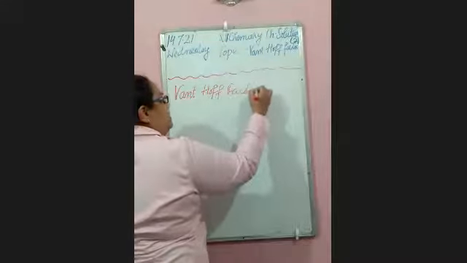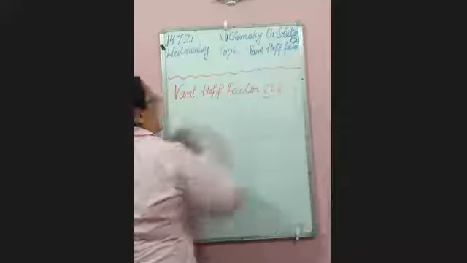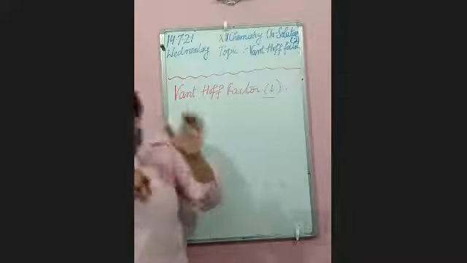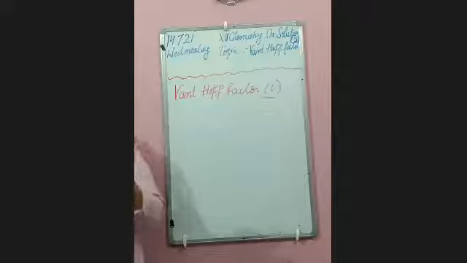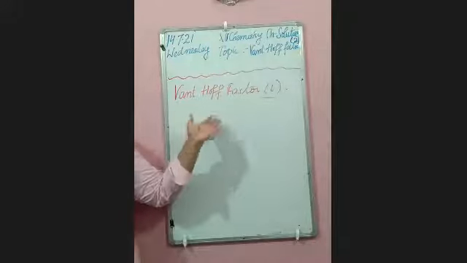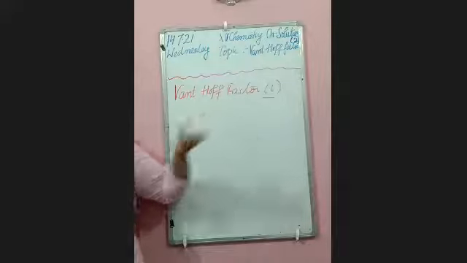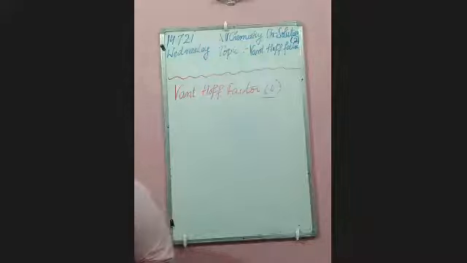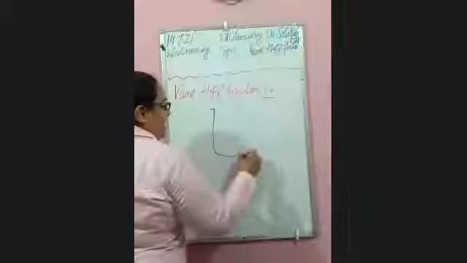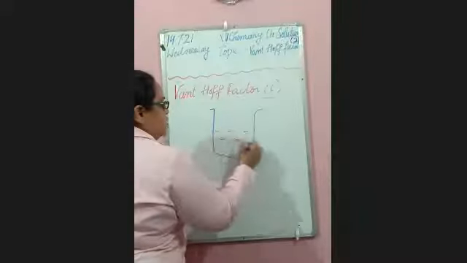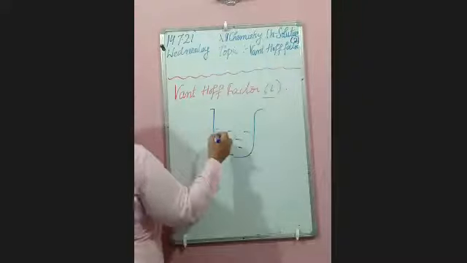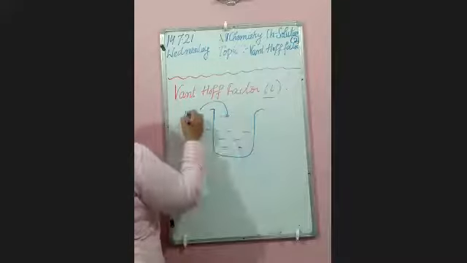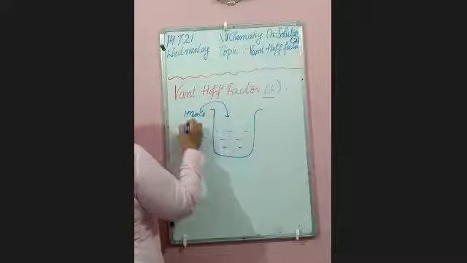This factor is represented by i, and there are different definitions of this factor which we will come to know later on. So first I am taking the case of dissociation. Suppose I am taking this beaker in which water is added and I am adding 1 mole of NaCl in it.